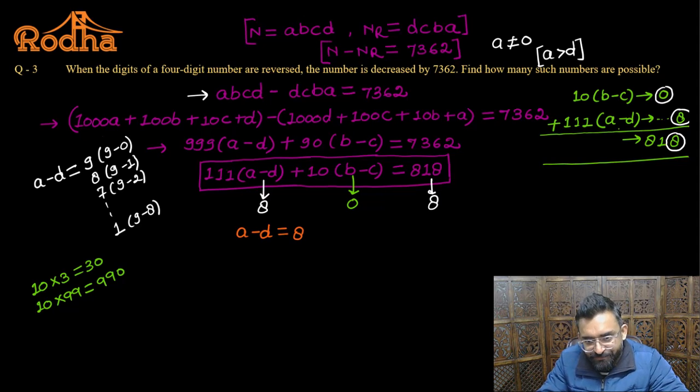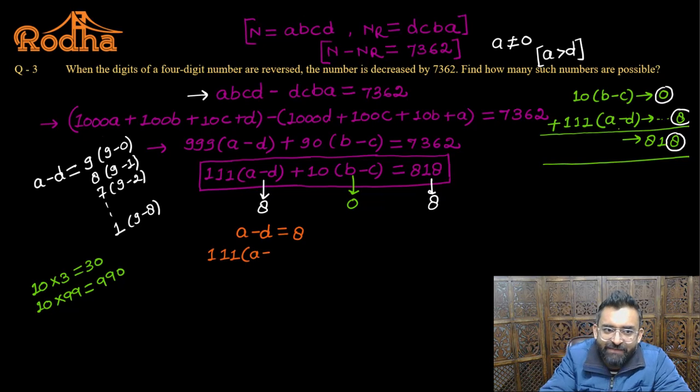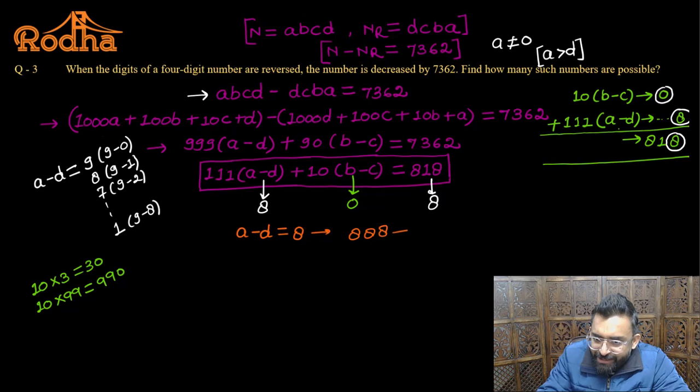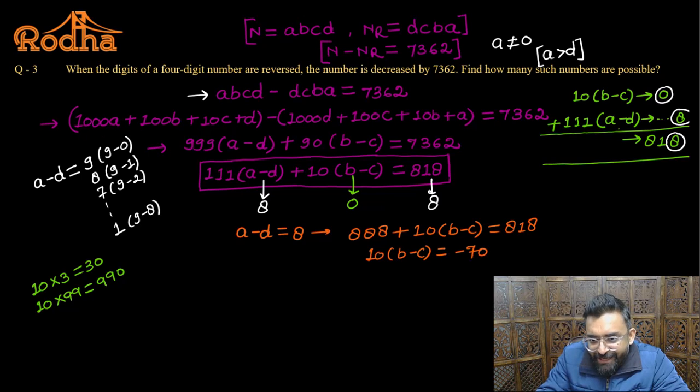Fine with this. Okay. So what I'm going to get here, 111 into A minus D, which is equal to 8. I'm going to write it here only. So this is 111 into 8 is 888 plus 10 times of B minus C is going to be 818. So I can say 10 times of B minus C is going to be minus 70, and B minus C can be minus 7.